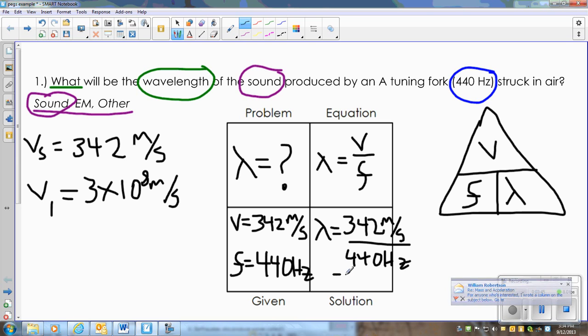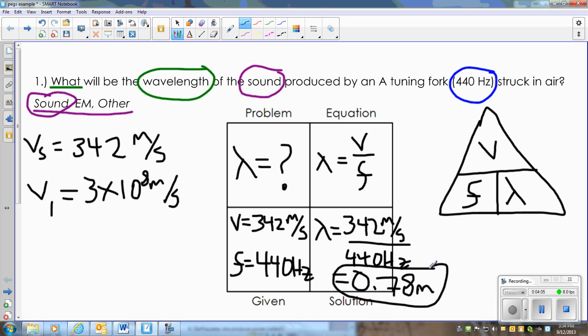Now, when you punch this into your calculator, you're going to get a whole bunch of digits after your decimal point. I only want you to write down 2 of them, so you'll need to round a little bit. And when I rounded this, I got 0.78, and then the units for wavelength is meters. The very last thing I need to do is put a circle or a box around my answer, and I am done with this problem.